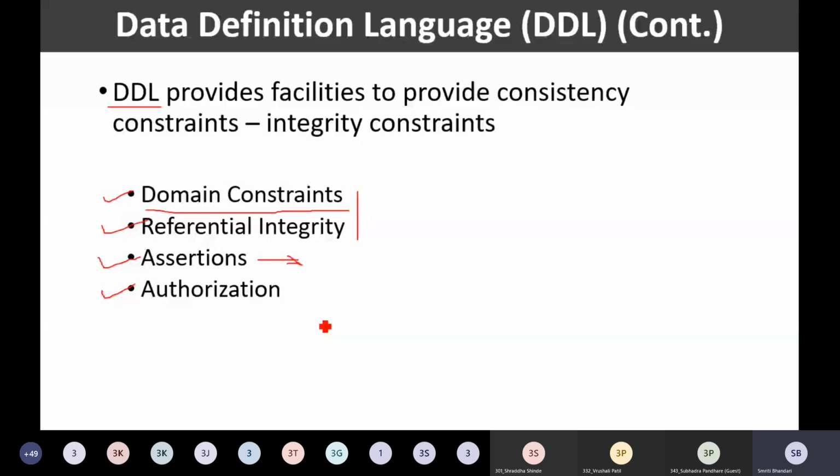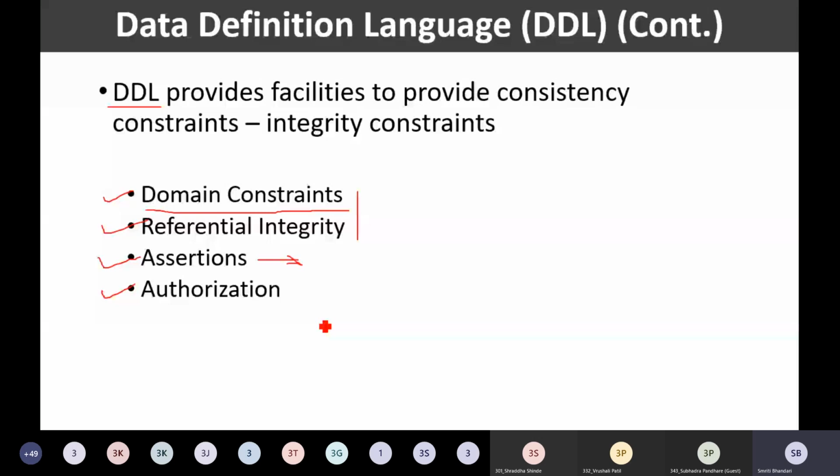For a huge database management system, we have different users. For example, for this university database, the instructor is one of the users who is accessing or dealing with the data. Student is another user who is also accessing the data from the same database.